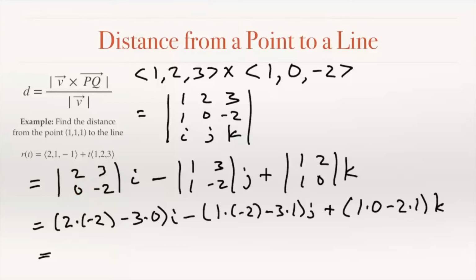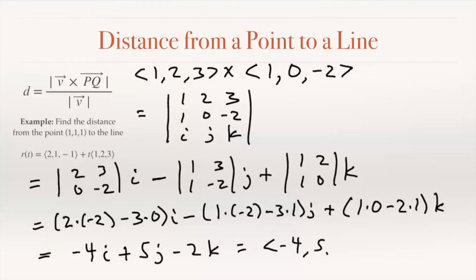So that is -4i plus 5j minus 2k, or in our other notation, (-4, 5, -2). We now just need to take the absolute value of that, finish plugging it into this formula, and we'll be done.